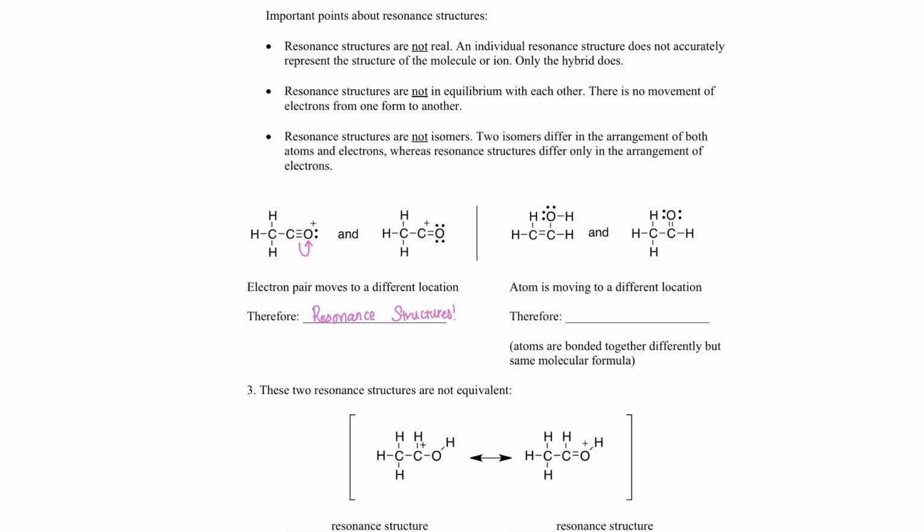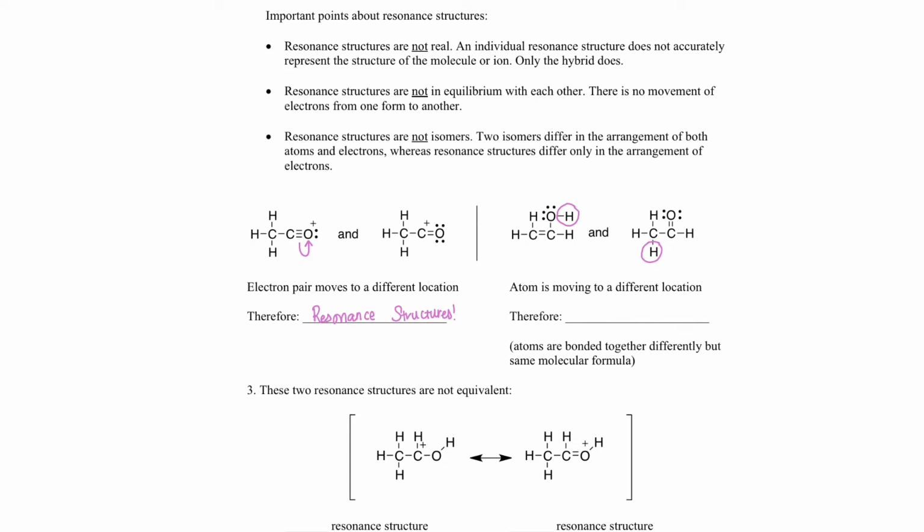Let's move on to the example on the right. So let's look at where the differences are. And there are a couple here, right? We have the hydrogen moving from the oxygen onto the carbon, and we also have a double bond that moved around.